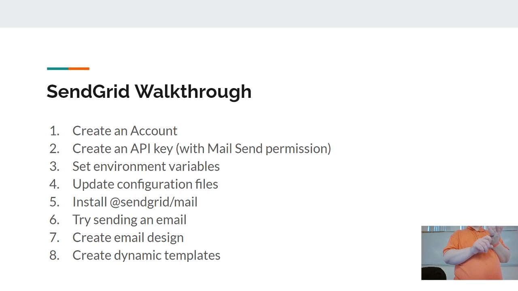Once you get done with that, you then need to set up some environment variables. I walked through part of that with a few people, but we need to walk through that with everybody. In addition, there's some additional environment variables I want you to set. We'll then go through updating the configuration files.